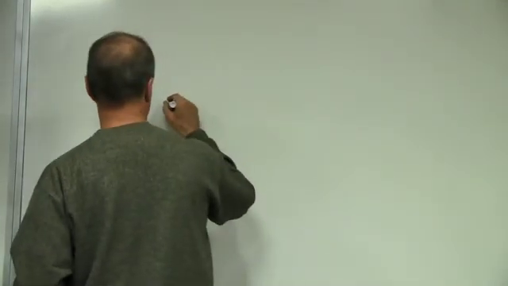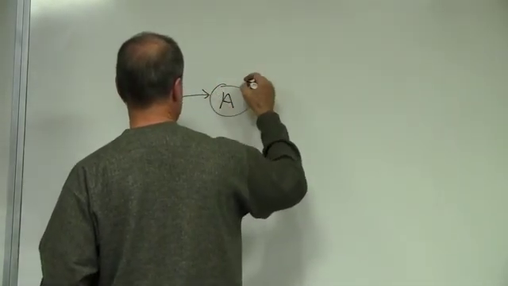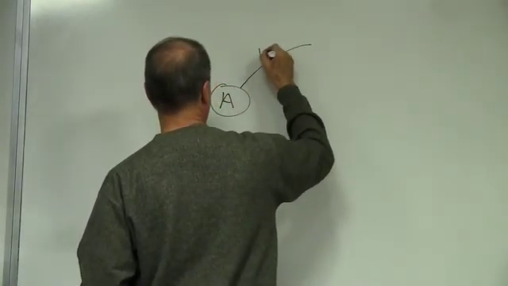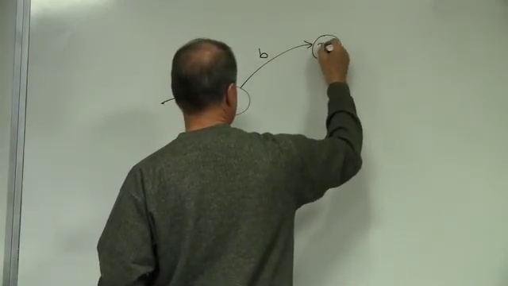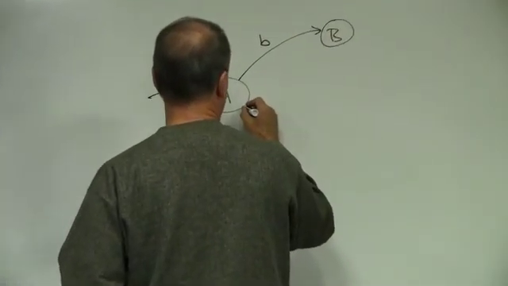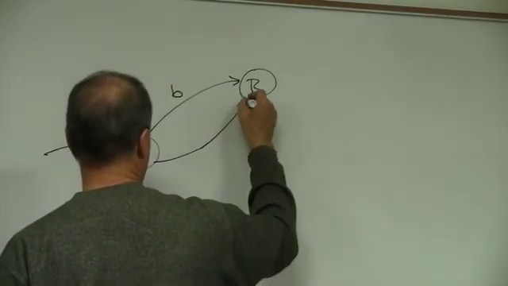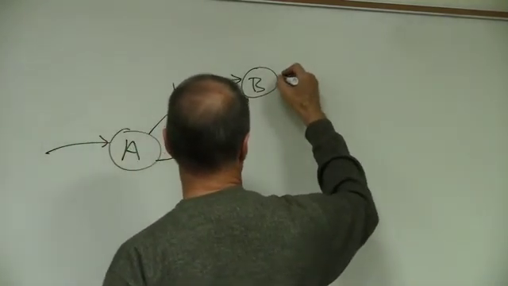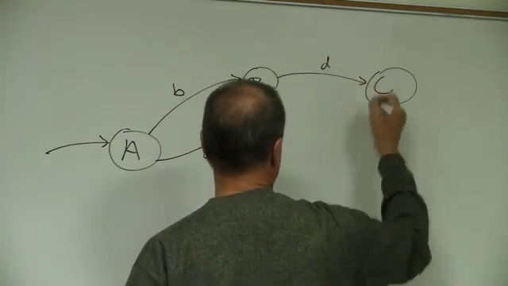Let's suppose that we are here at this state A, and suppose letter B will take us to state big B, and let's also suppose the empty transition will take us here, and then let's suppose that D will take us to state big C.